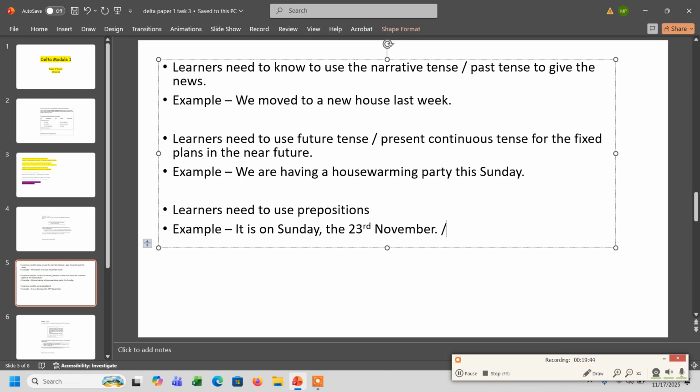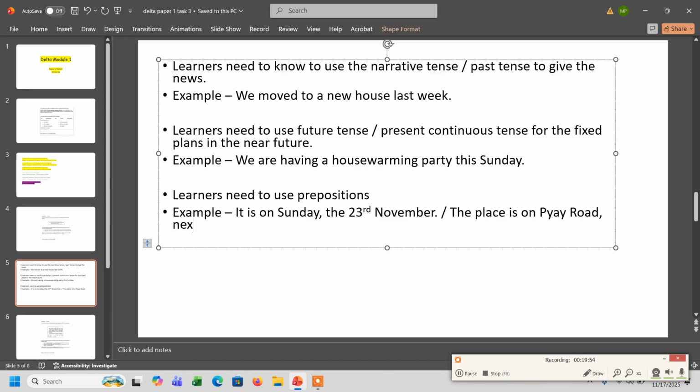Or maybe the place is on P Road, okay, next to City Mart. So now I'm using a lot of prepositions. On Sunday, the place, on P Road, next to, okay? So, yes, I would say that.